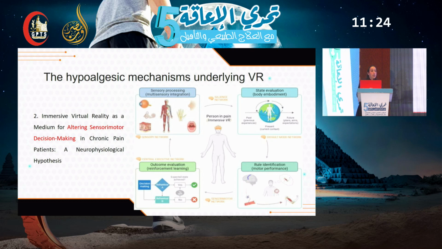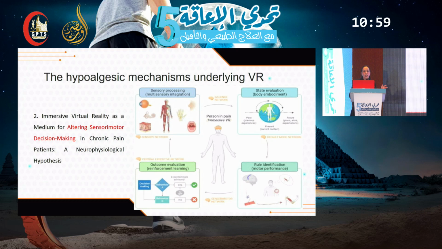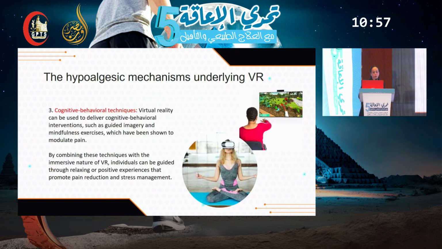So the brain takes a decision: I have to change my situation from a proactive defensive mechanism into a guided motor command, which is called the sensory motor network. And the patient will be able and prompted to take action in a new environment, which facilitates his and her mobility in a real environment furthermore.